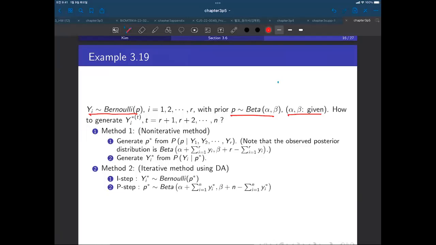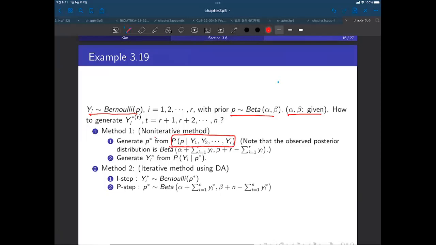Anyway, there are two ways. Method one: how to generate. We are interested in imputation, but to do imputation, we have to generate the parameter first. So the parameter distribution, the posterior distribution, is this one, method one.